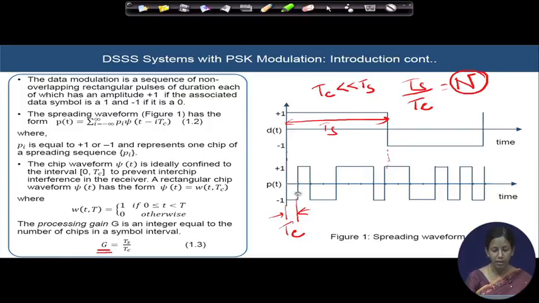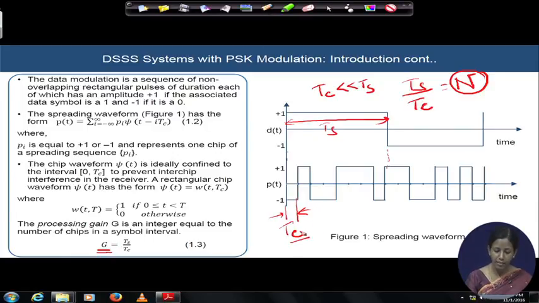So, instead of the bit rate, the transmitted signal will be talking in terms of the chip rate, and after spreading, you will be able to see this Tc.